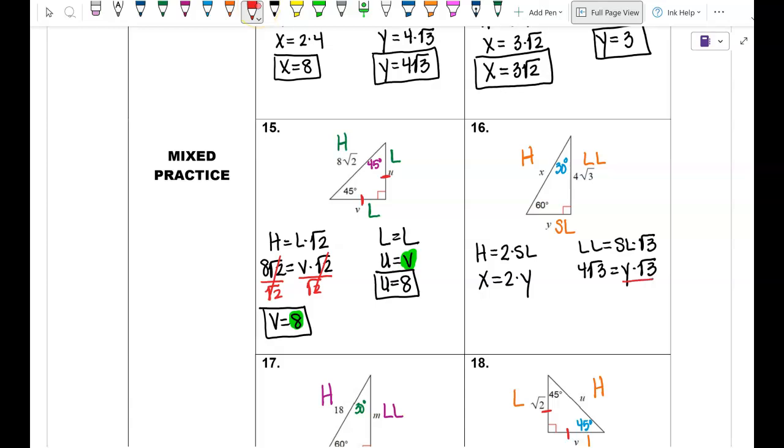So to get y by itself, I'm going to divide both sides by radical 3, so that I get y equals 4. Now that I know y equals 4, I can substitute that 4 over here and get x equals 2 times 4. So x equals 8.